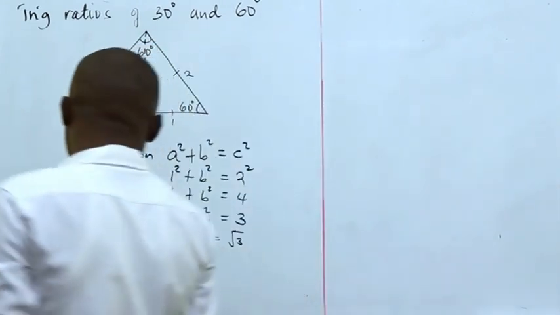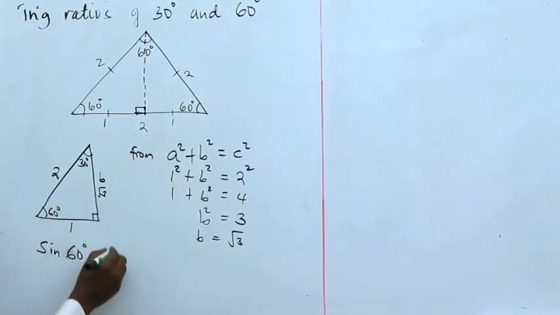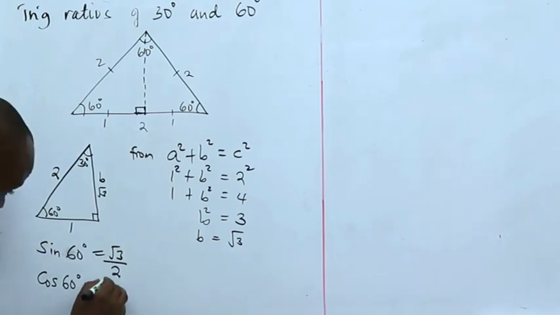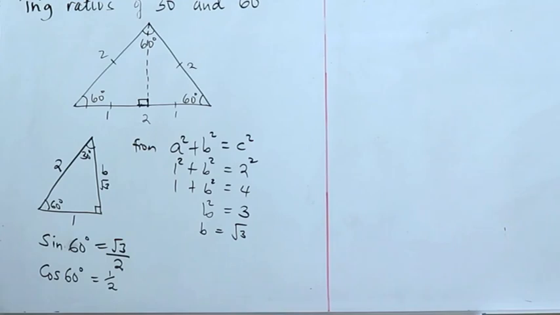So the opposite side of 60 is root 3 over the hypotenuse side, which is a 2. Then we can talk of cos 60 degrees. Cos 60, we have cos is adjacent over hypotenuse, and that is none other than a half.